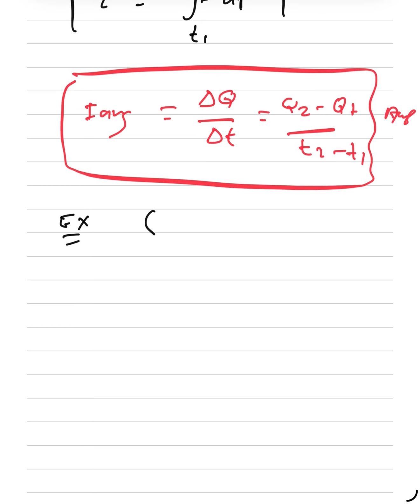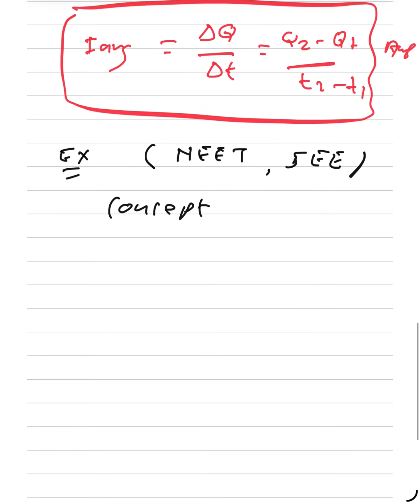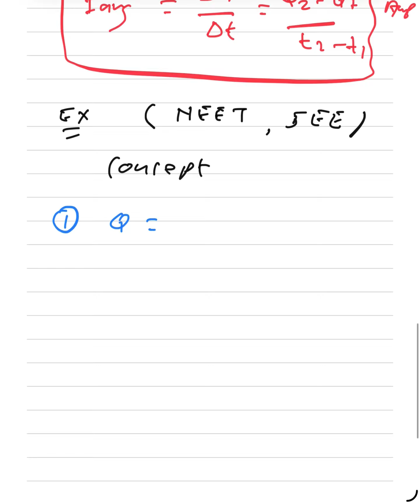Now an example of electric current from NEET and JEE exam PYQs. Suppose the charge with respect to time is Q equals 5t squared minus 8t.